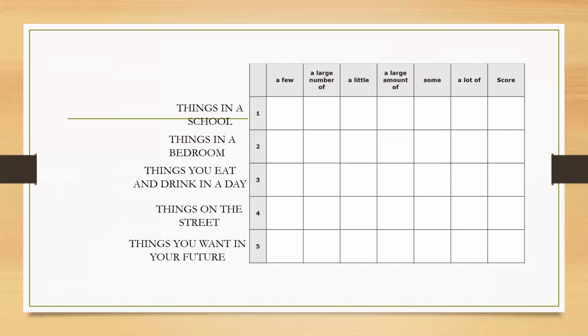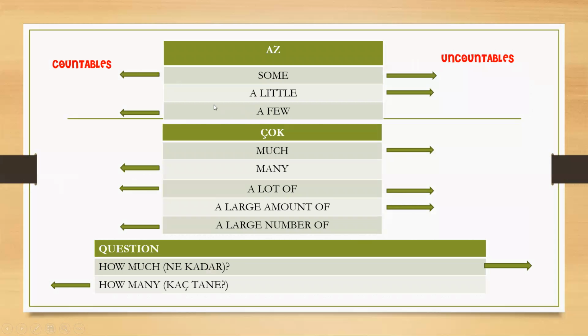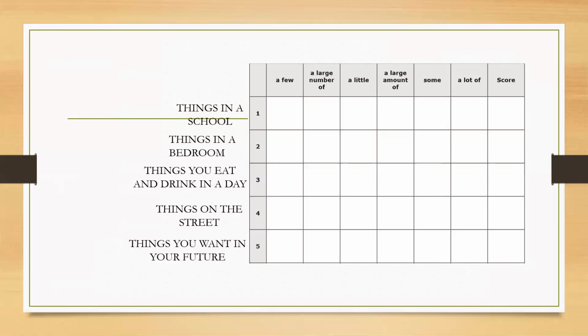Now, let's start and do the first line together. Things in a school. We will need to think about things we have in a school. Let's think about it. A few. Let's go back. I used a few with countables. Birkaç tane. What do I have a few of in a school?